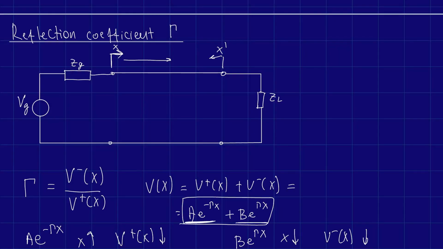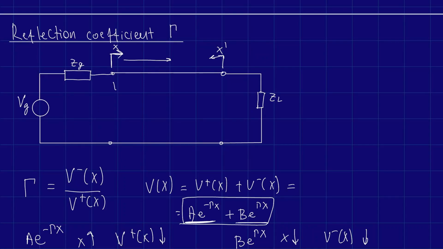A practical example is a TV and an antenna. Let's say the antenna is our generator and the TV is our load. It's much easier to just go near the TV and measure something rather than go on the rooftop and measure something at an antenna. So that's why it's very useful to have a formula with x prime, which means from the load, and they are used pretty often.